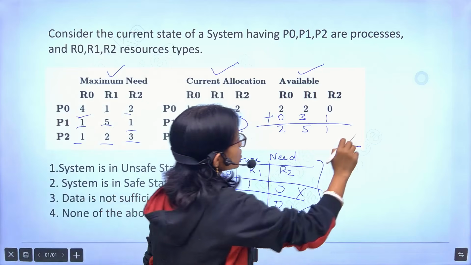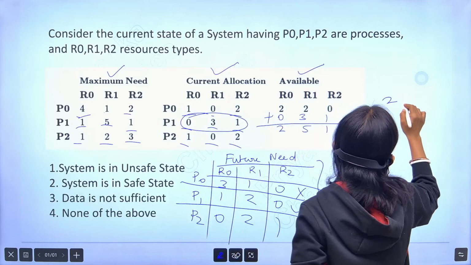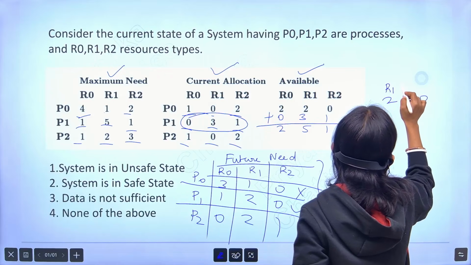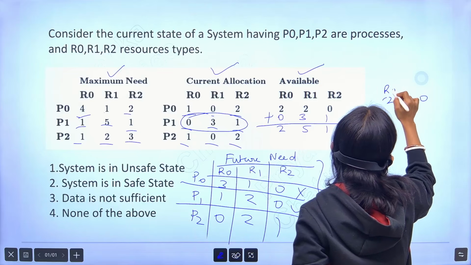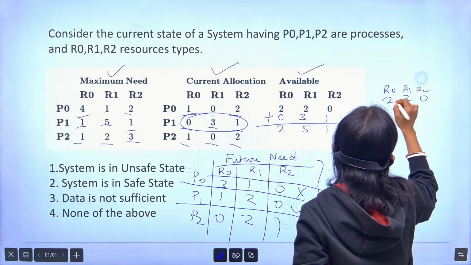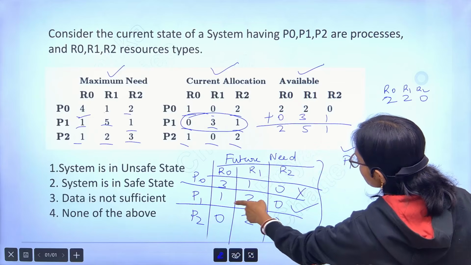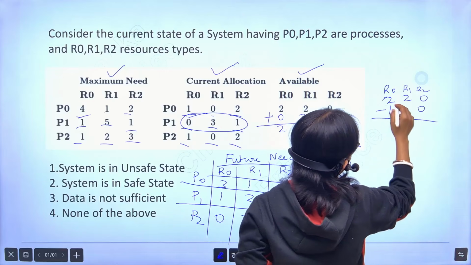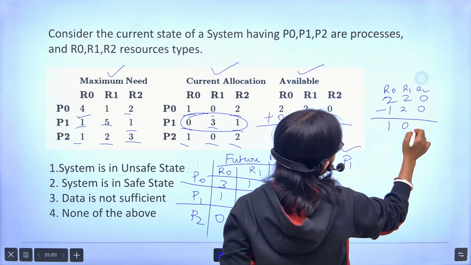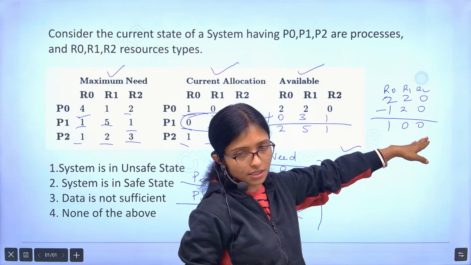What we did actually, 220 out of 220, R0, R1 and R2. Okay, this is 220 was there. My requirement was 120. So I am doing minus 120. Now I have 100. After giving I have 100.